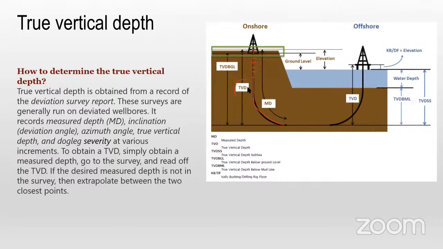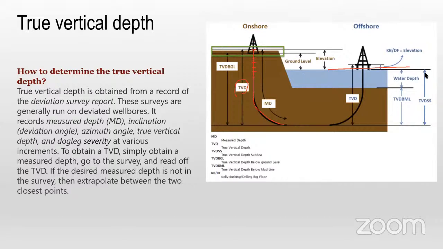Another depth they give you is the true vertical depth. It means the vertical depth from the Kelly bushing to the interval. Another depth is TVD subsea, based on sea level, so the reference is the same for all of the depths. Why? Because it's based on the elevation of the mean sea level.